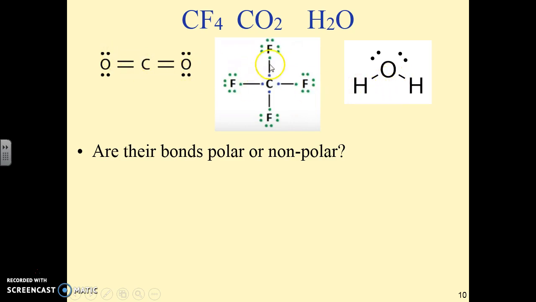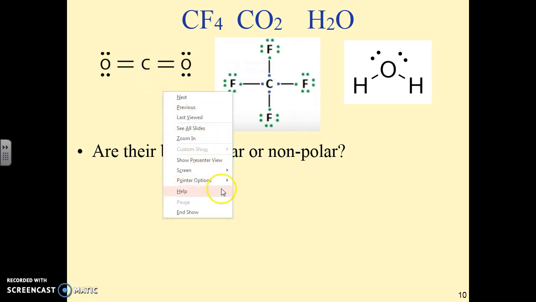All these individual bonds are polar, because like I said, the AP exam doesn't give you electronegativity tables, but you can assume that if it's not a carbon-hydrogen bond, and it's not two of the same atoms bonding together, the bonds are polar.